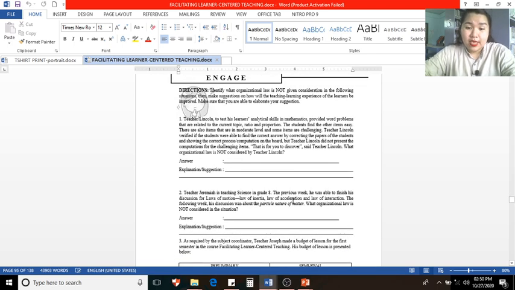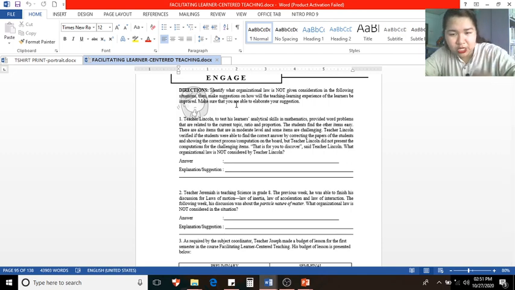Okay, so activity. The direction is identify what organizational law is not given consideration. Di ba kanina, nag-discuss tayo ng laws of groupings or organization. So, alin daw yung hindi nabigyan ng consideration in the following situations. You are to read the following situations here provided.